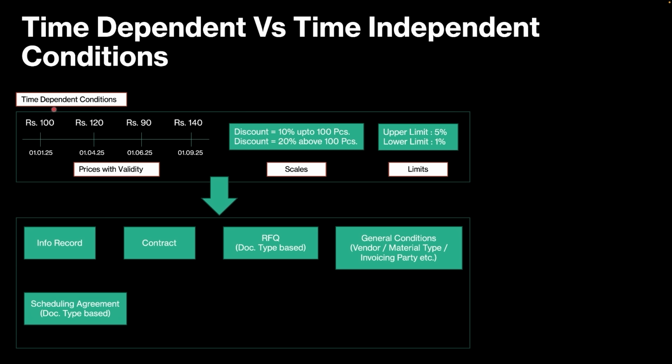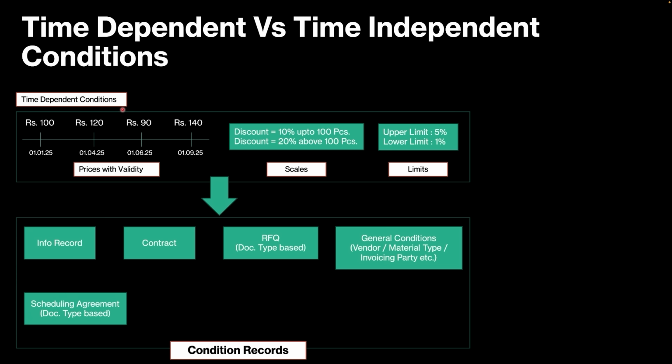So you can see with time dependent conditions, we have the facility to save the prices with validity, with scales, and with limits. Okay, and all this is made available through a condition record. Okay, so in our previous slide, we understood what are condition records, how they are saved and how they are retrieved, and these condition records basically allow you to save time dependent conditions.